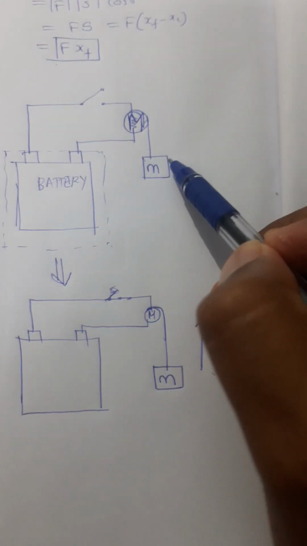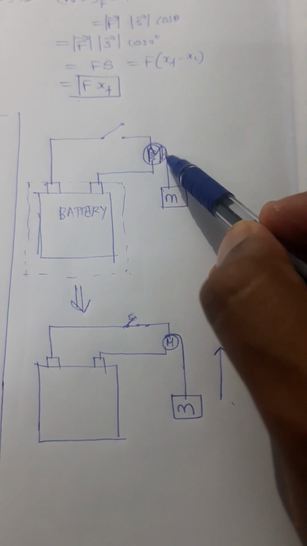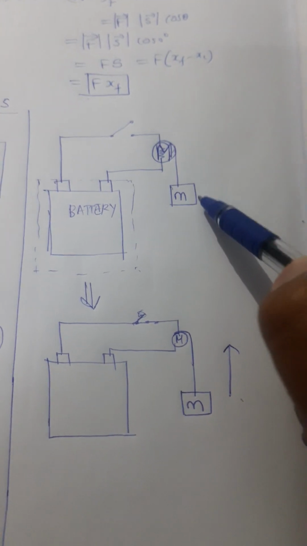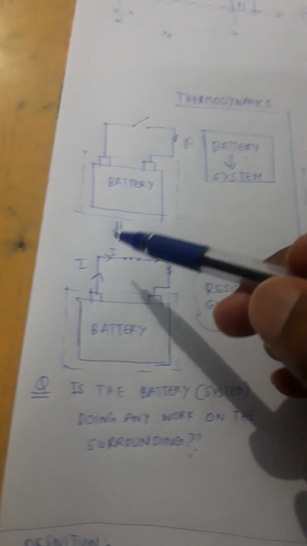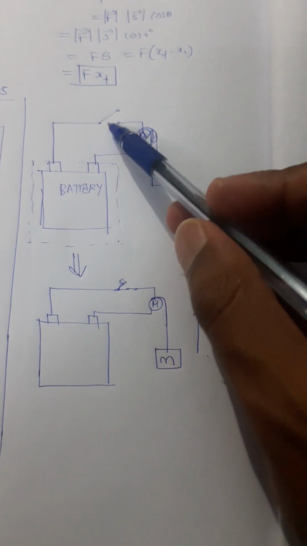Along the motor shaft I am going to attach a string, and a block of mass M is attached to the string. Let us repeat the same experiment in this setup.